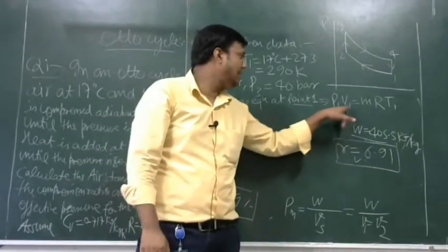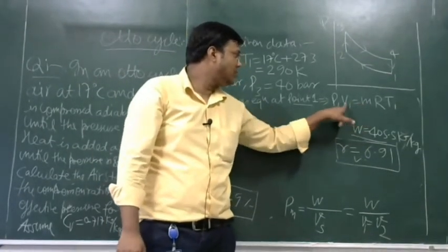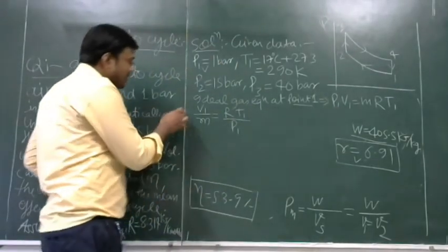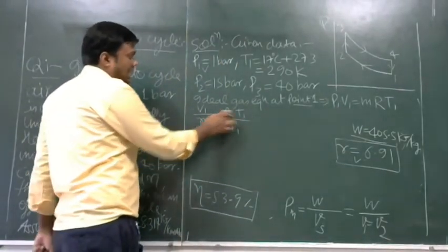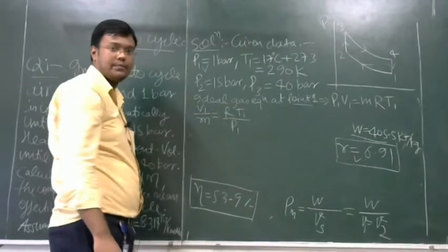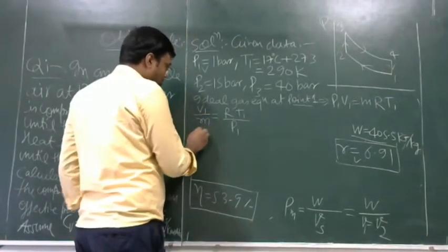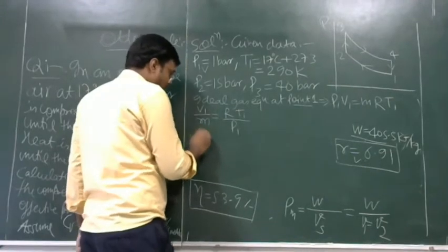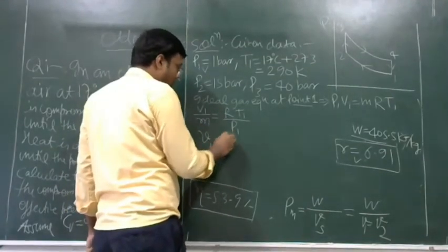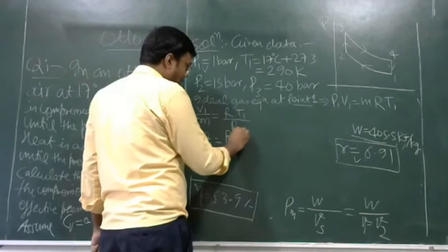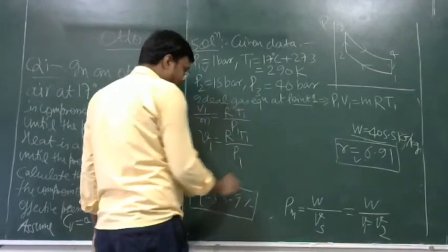So we divide V1 by m, and we get small v1 equal to R T1 divided by P1.